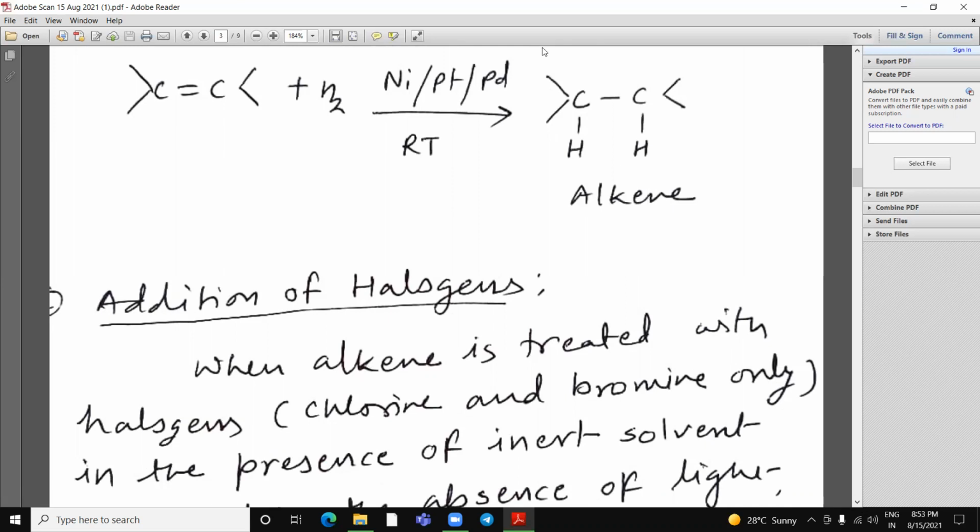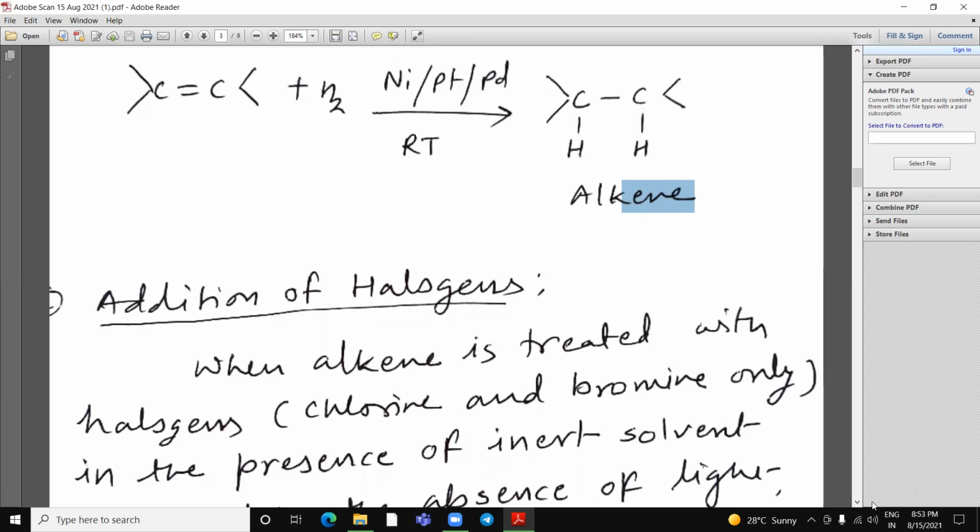Sorry, it is not alkene, it is an alkane.